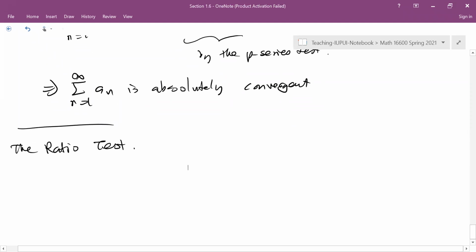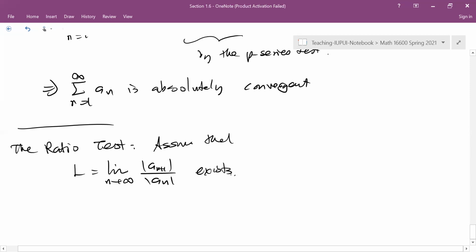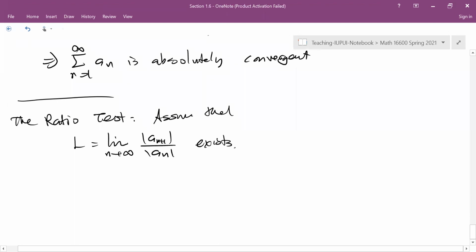We assume that this limit exists. It can be greater than 1, can be less than 1, could be 0. So L can be from 0 to infinity.